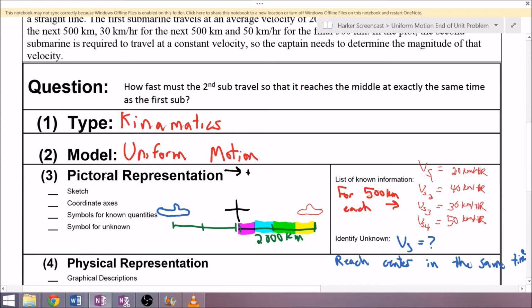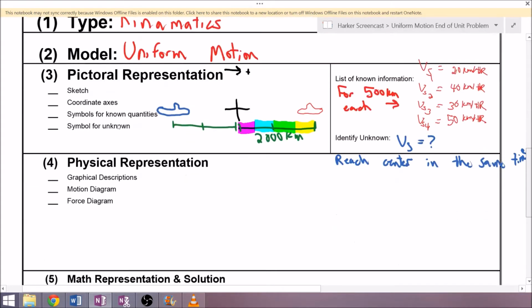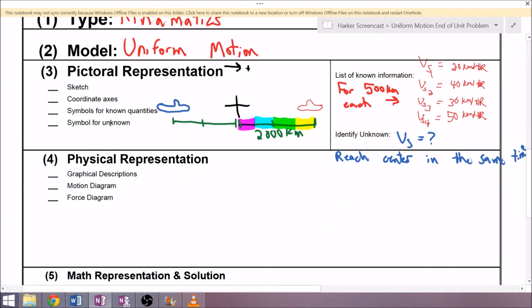The next thing that you want to do to further your understanding of this question is start drawing physical representations. And so what we mean by that is graphical descriptions, motion diagrams, or strobe diagrams. You don't have to do force diagrams yet. We haven't quite got there. But please go ahead, draw those, and do make them quantitative, so use numbers.